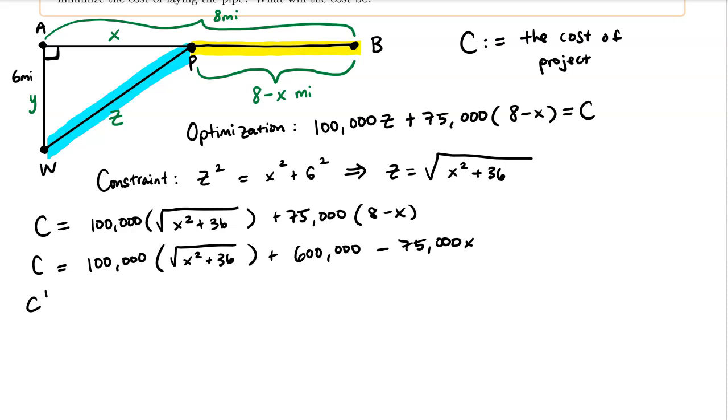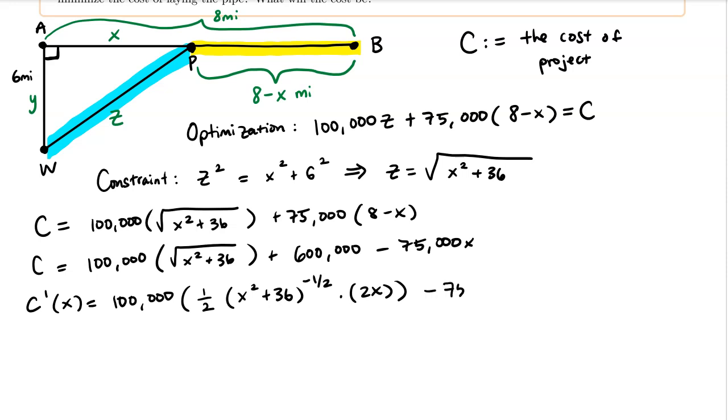Now, let's go ahead and take the derivative of our cost function. So I have c prime of x is equal to my constant here, 100,000, times, using the power rule, 1/2 times x squared plus 36 to the negative 1/2 power. Then I need to multiply by the derivative of the inner function, which is 2x. And then the derivative of 600,000 is 0.